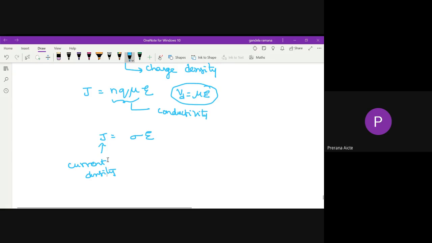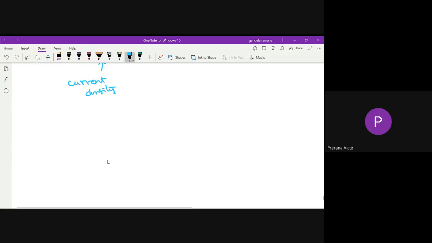So it will be, in N type, nQ mu n, and in P type, pQ mu p. Now diffusion current.